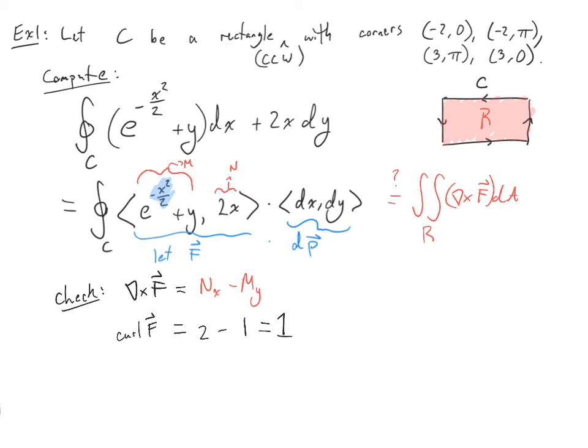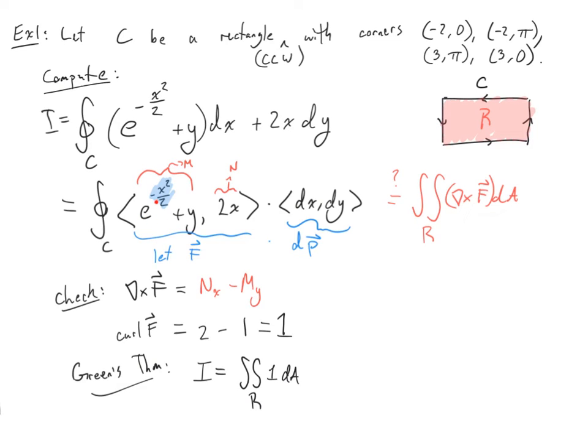So this whole complicated integral that they wanted, let's just call it I. By Green's theorem, I get to conclude that I is equal to the double integral over this rectangle of 1 dA. Now, I can only apply Green's theorem if these coordinates M and N both have continuous derivatives on the region R. But that is true for these functions, right?